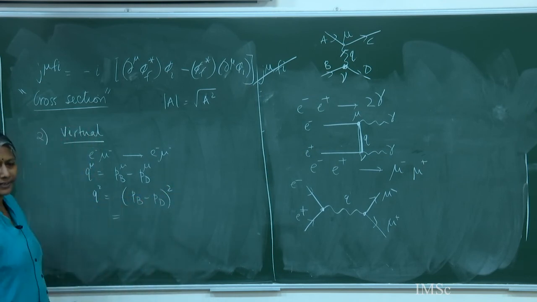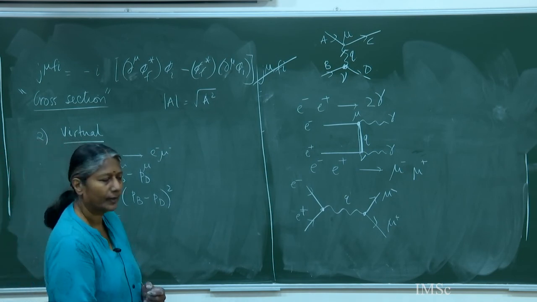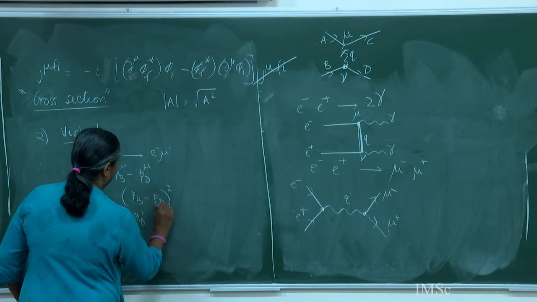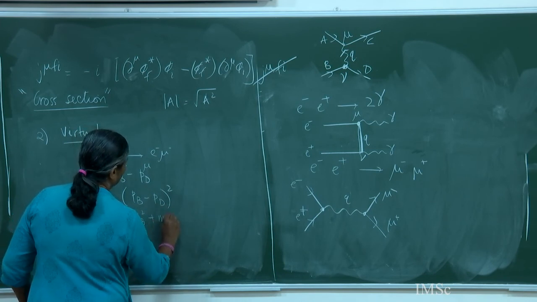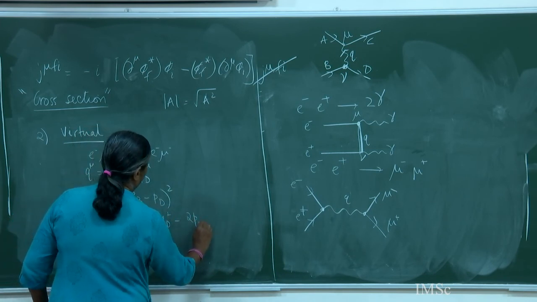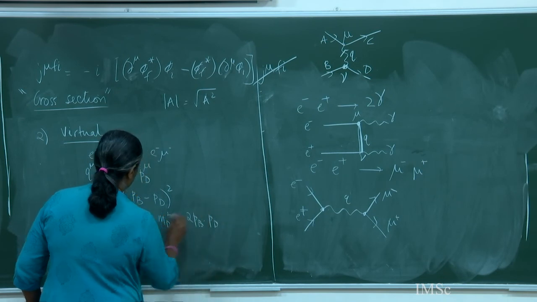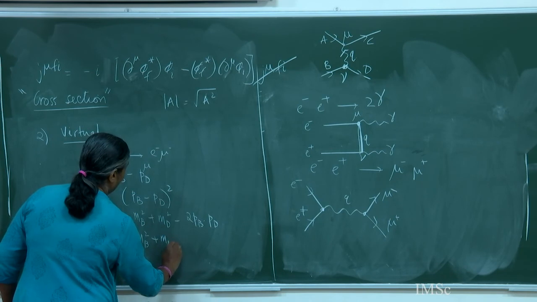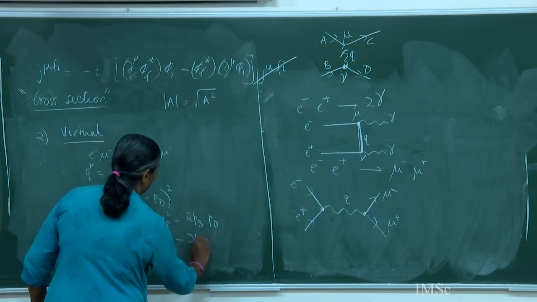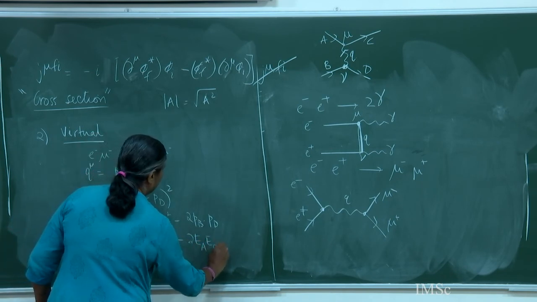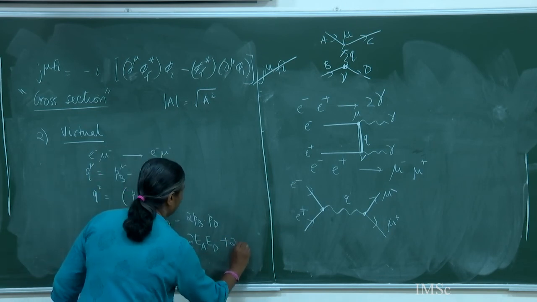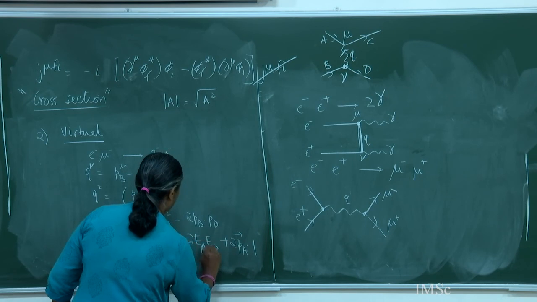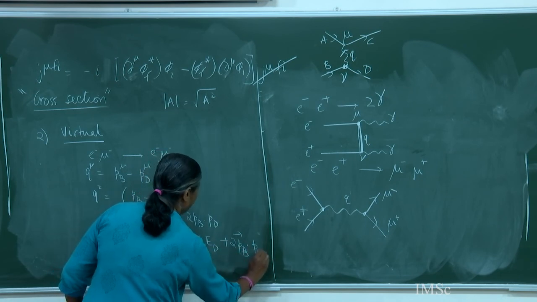What is Pb squared? m squared. Very nice. So this is m squared. Pd squared is m squared, minus 2 Pb dot Pd. That is mb squared plus md squared minus 2 Eb Ed plus 2 three-vector Pb dot Pd.